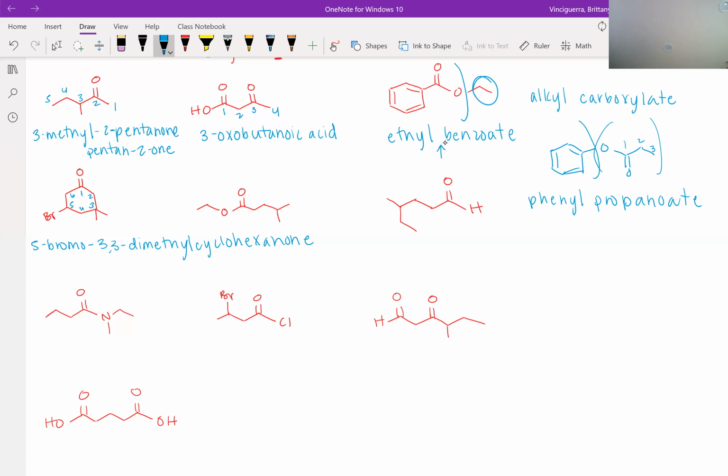Okay, let's name this other ester here. So what is our alkyl group name that we have to give? Ethyl. Right. And then what would this be? 1, 2, 3, 4, 5. We have 5 with that methyl.